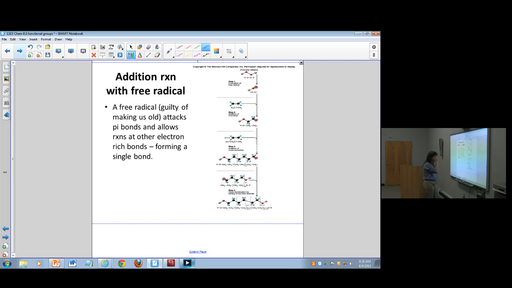Now, the reason I actually put this on here, though, is when you get to organic chemistry, you'll learn something called mechanisms, where, for example, if we have this ethene group and another ethene group, you learn how the electrons move, and you show it with something called a mechanism.